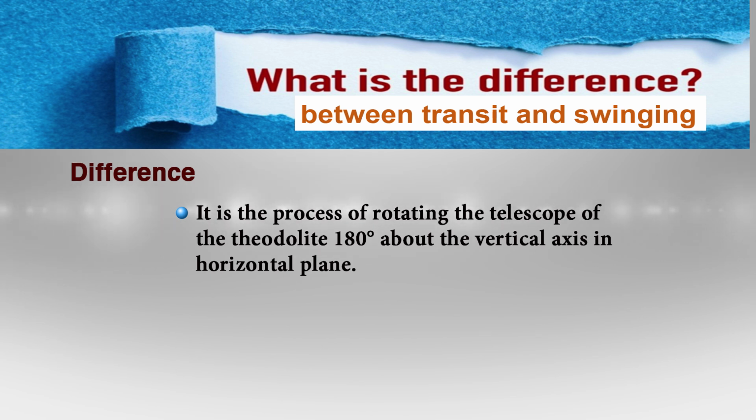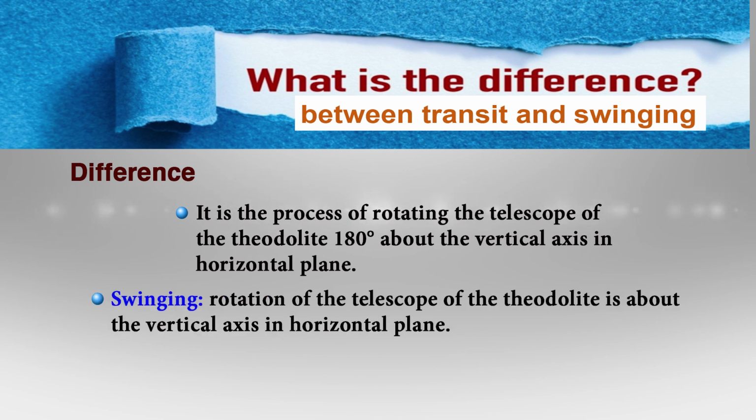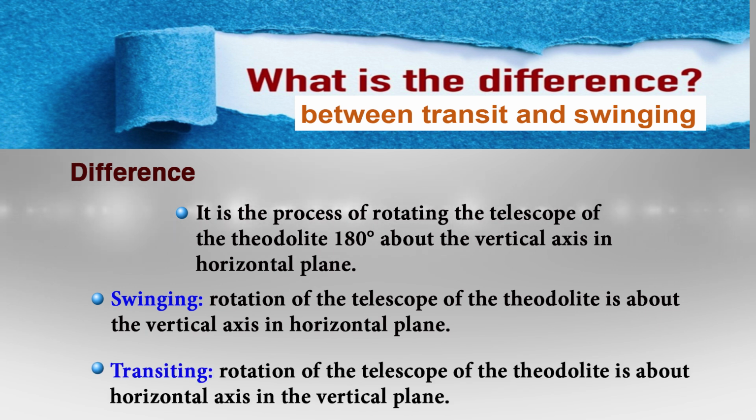The difference is in the axis about which the rotation takes place, or the plane in which the rotation takes place. In swinging, the rotation of the telescope takes place about the vertical axis in the horizontal plane, while in transiting the rotation of the telescope is about the horizontal axis in the vertical plane.